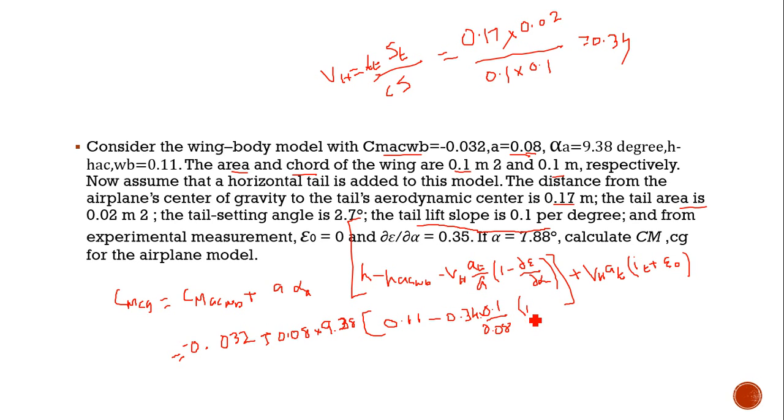So divided by 0.08 into 1 minus dou epsilon by dou alpha, which they have given as 0.35, plus the same volume ratio 0.34 into A suffix T, that is 0.1, into IT, the tail setting angle, which is 2.7, plus the downwash angle about the wing body configuration, which they have given as 0.